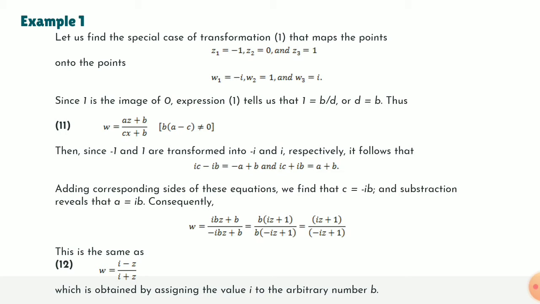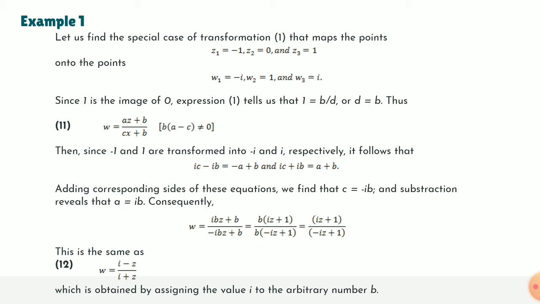Example 1. Let us find the special case of transformation 1 that maps the points z1 equals -1, z2 equals 0, and z3 equals 1 onto the points w1 equals -i, w2 equals 1, and w3 equals i.